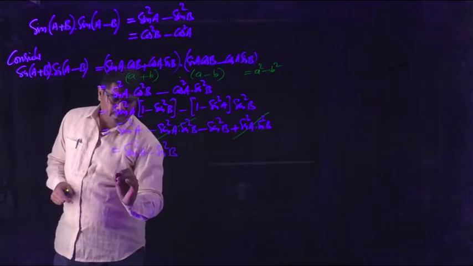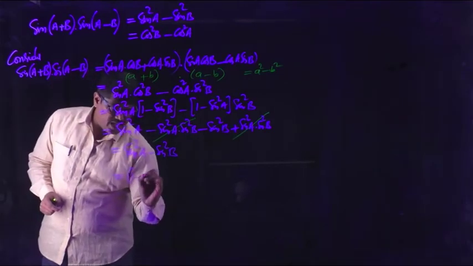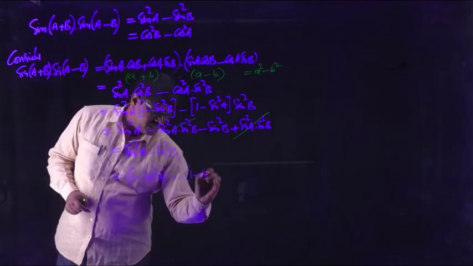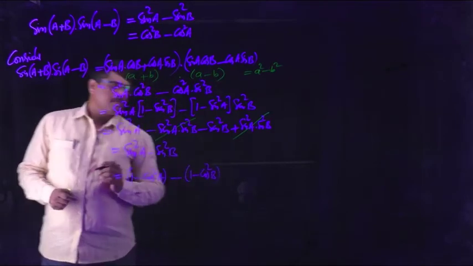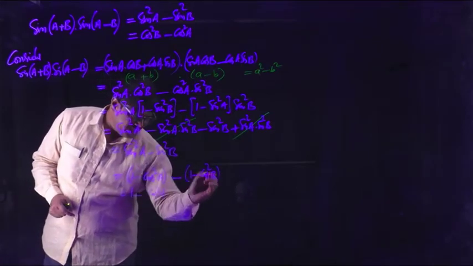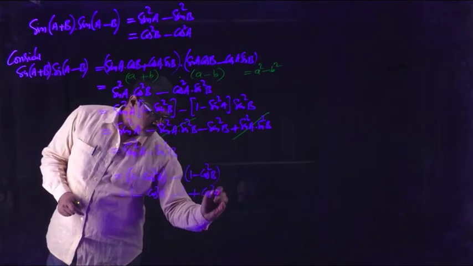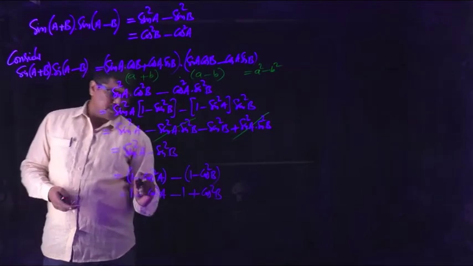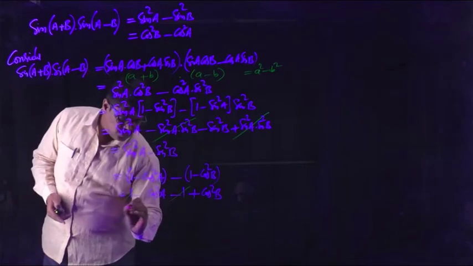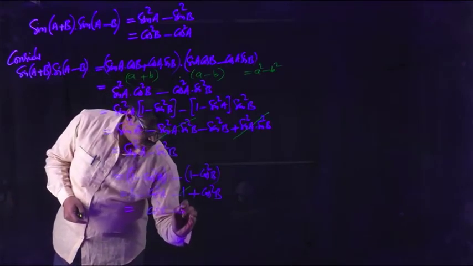If you want to remember the formula in terms of cos, change sin square a as 1 minus cos square a, sin square b as 1 minus cos square b. Now 1 minus cos square a, multiplying the minus into the bracket, you will get minus 1 plus cos square b. Here again plus 1 minus 1 both get cancelled, and considering the plus value as the first term, it will become cos square b minus cos square a.